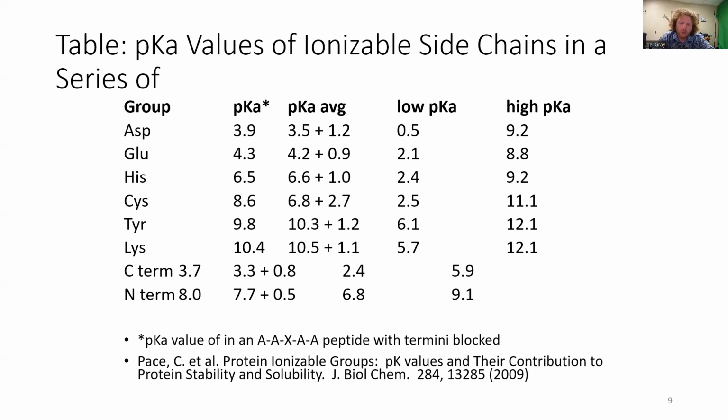And so what I really want you to take away from this is not the specific numbers, but instead I want you to think about, okay, histidine, for instance, has a pKa of 6.5, but what are the amino acids that are surrounding it? The amino acids that are adjacent to one specific ionizable residue are going to display the inductive effect and can cause that pKa value to shift, either go down or go up.